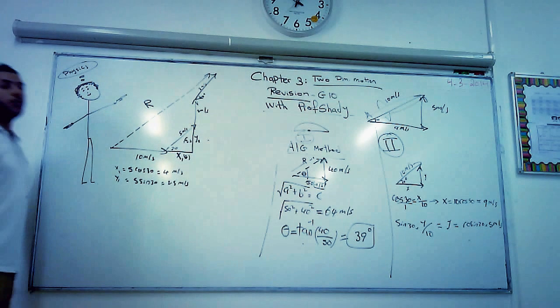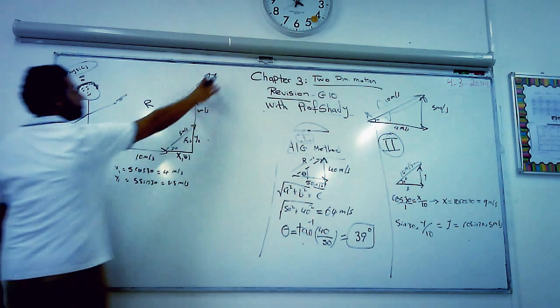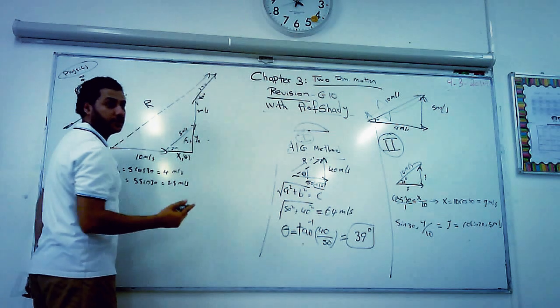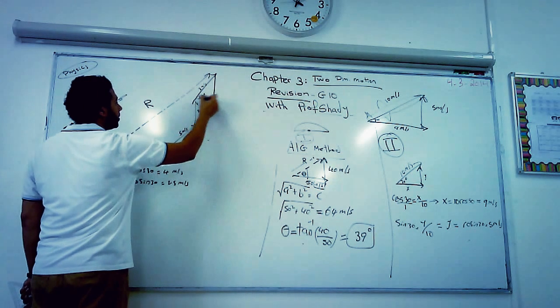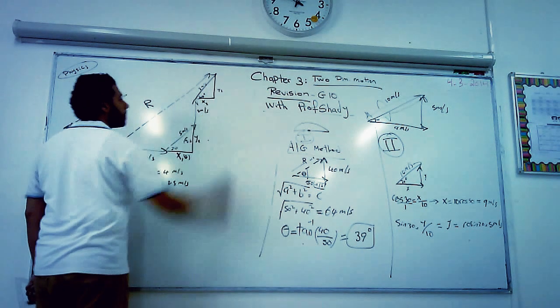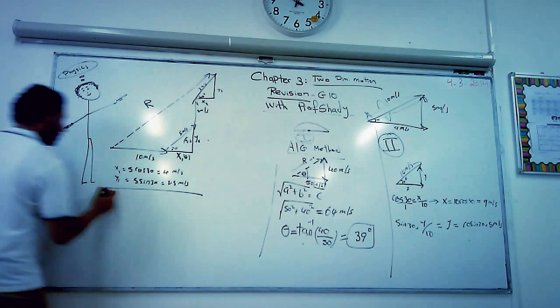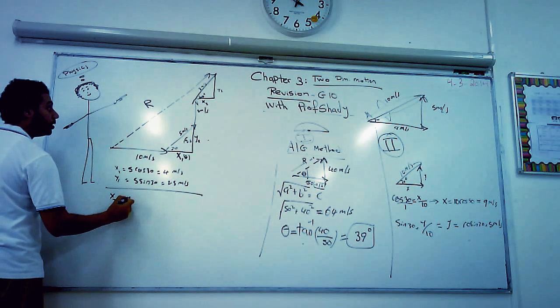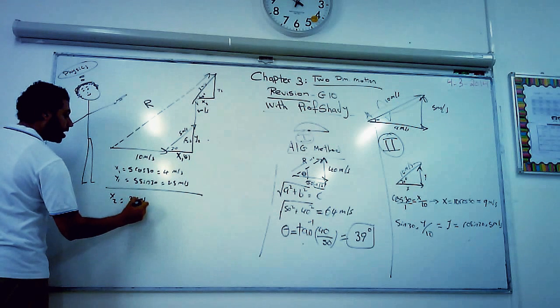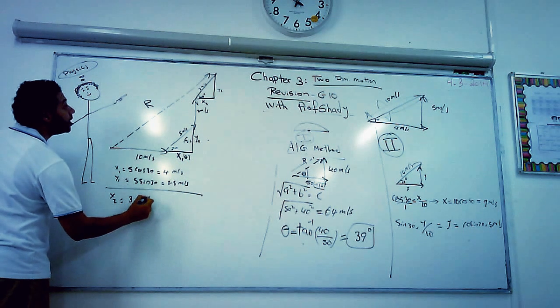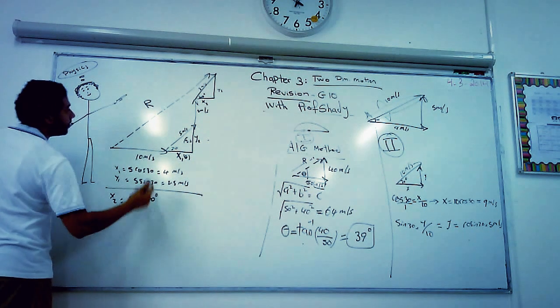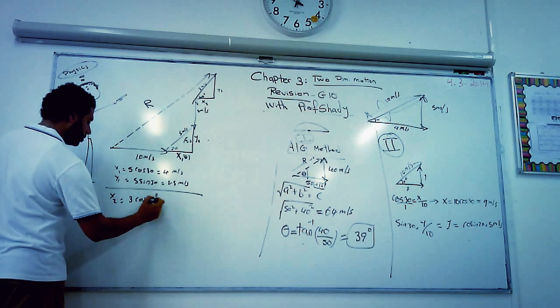Very good. Where is the second inclined line? This one. Can I make a right triangle? Right triangle, so go there and there. So this is x2 and y2. Can you find x and y the same way? Yes, x2 is equal to 3 cosine 40.